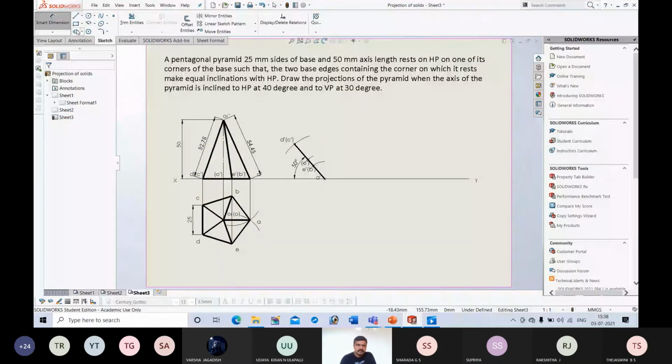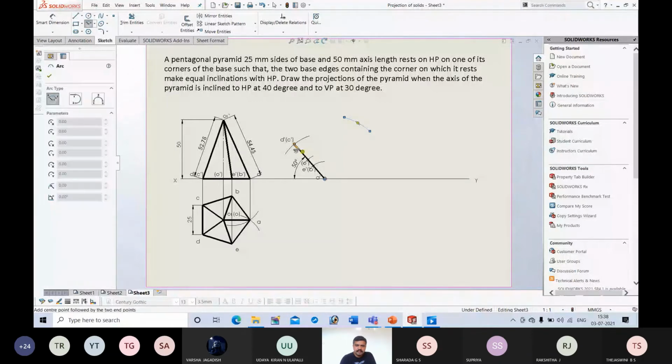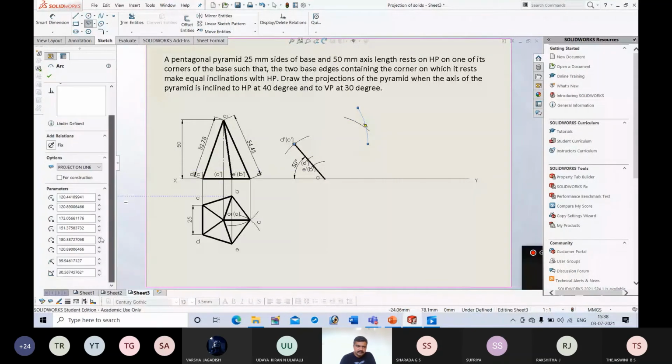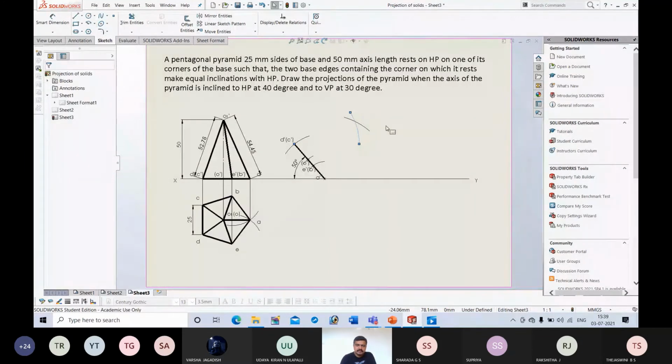Next, with D dash as center, again the radial distance between D dash and O1 dash, I will draw one more arc. Then this intersection point will be O1 dash.